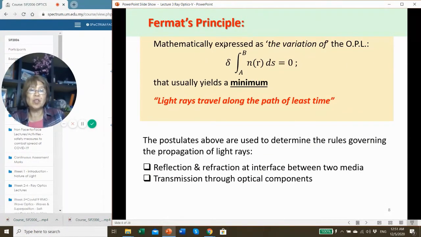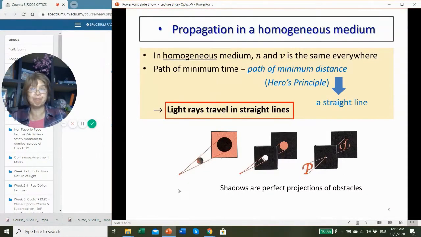Now, all those postulates that we have discussed so far are used to determine the rules that will govern how light rays propagate. And we have looked into reflection and refraction at the interface between two media, and we have looked at transmission through optical components as well.